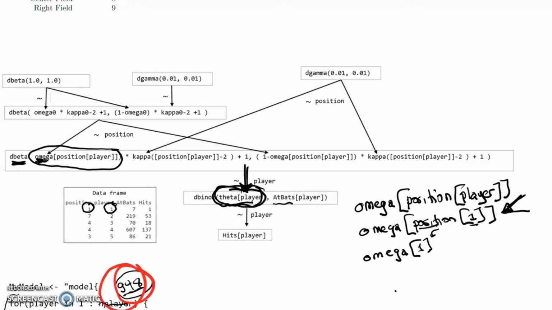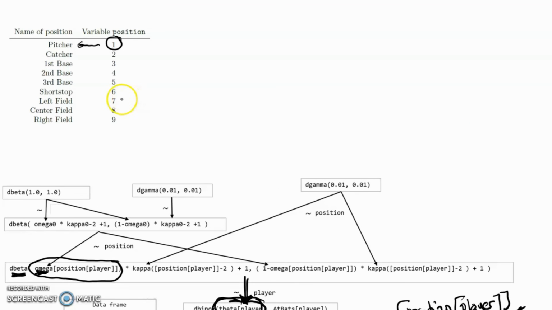Now let's see what happens. We're looping through these 948 players. The next player we look at is player 2. Well, what's their position? Their position is 7. That's omega 7.